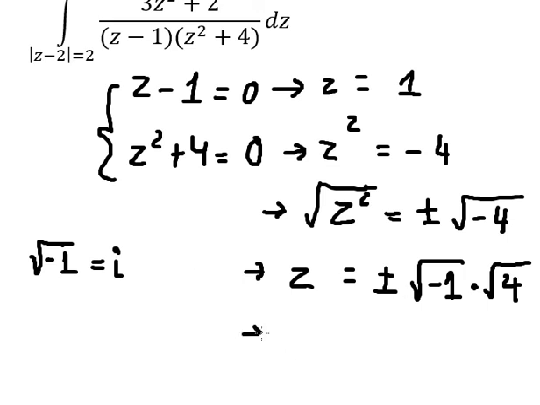That's why we have z equals positive or negative 2i. This one is number 2.